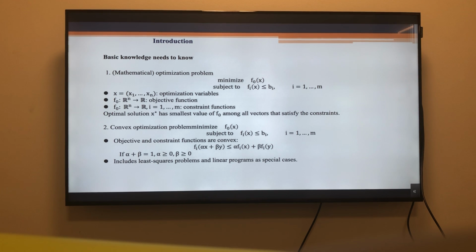So we can also write fi(alpha x plus beta y) less than or equal to alpha fi(x) plus beta fi(y), where alpha plus beta equals 1, and both are greater than or equal to 0.